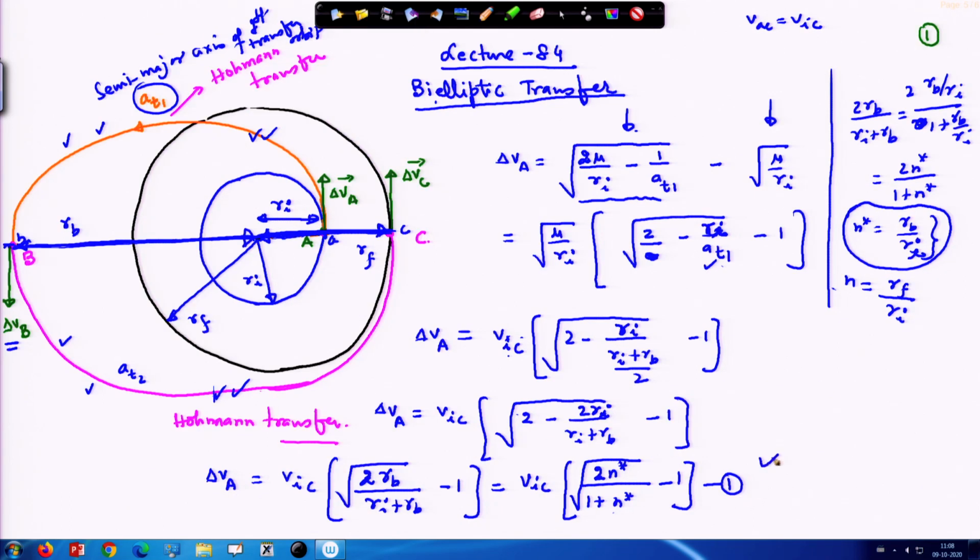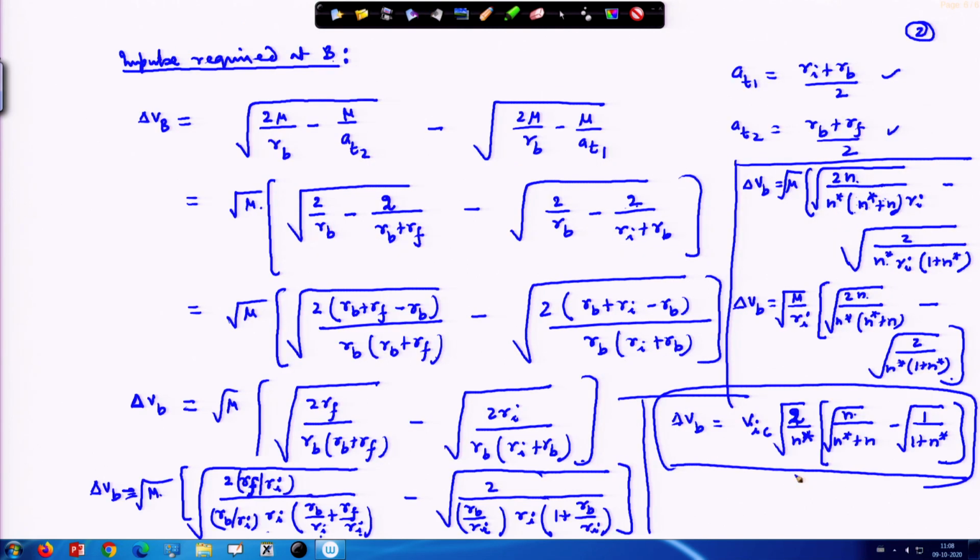So, this is equation 1, written in terms of V I C, and again this is equation 2. Now, you will see the advantage of writing in this way once you solve the problems.